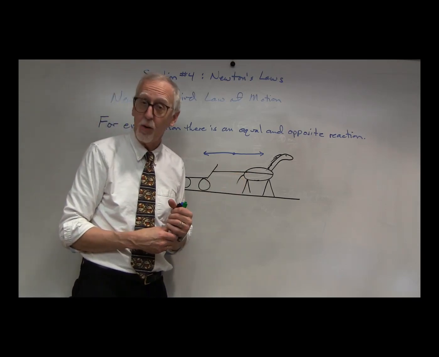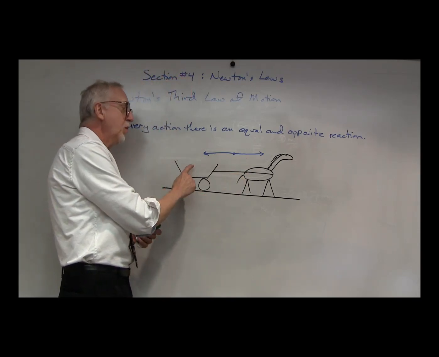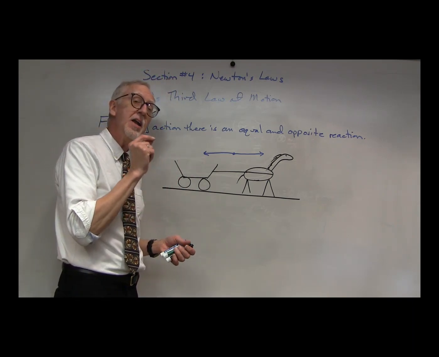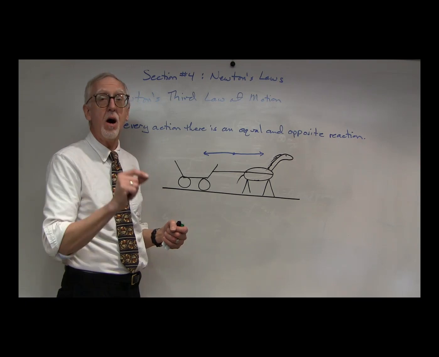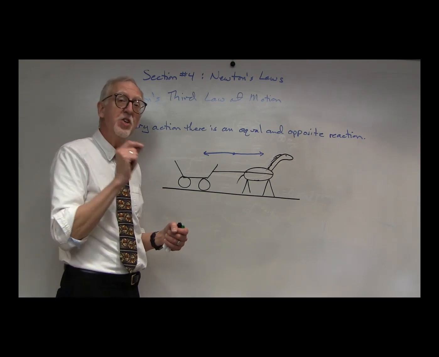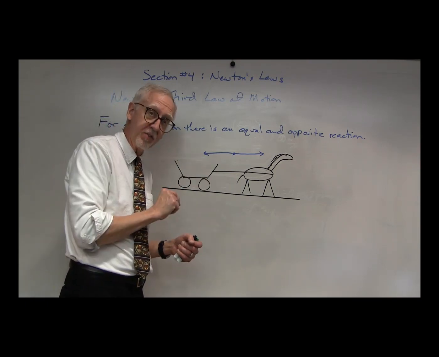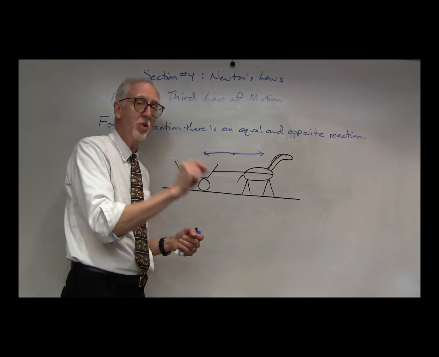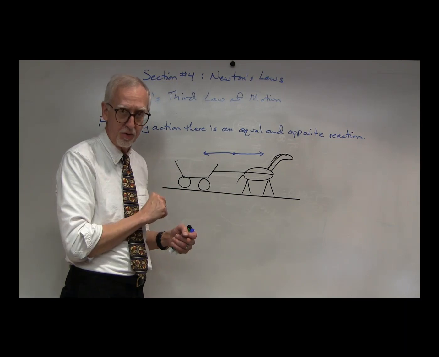Well, that's a trick question, because if we want to look at the motion of the cart, we must look at only the forces on the cart. We don't look at the forces on the horse. If we want to look at the motion of the horse, then we look at the forces on the horse.